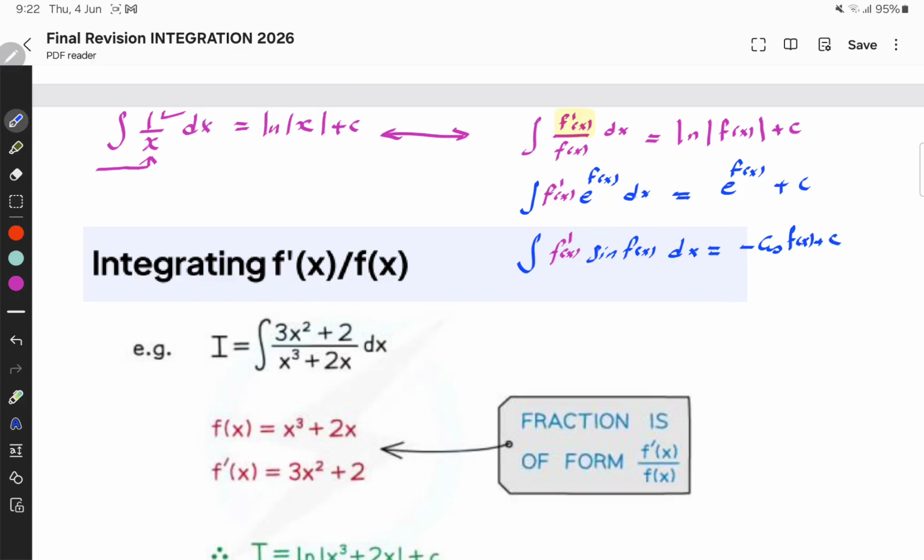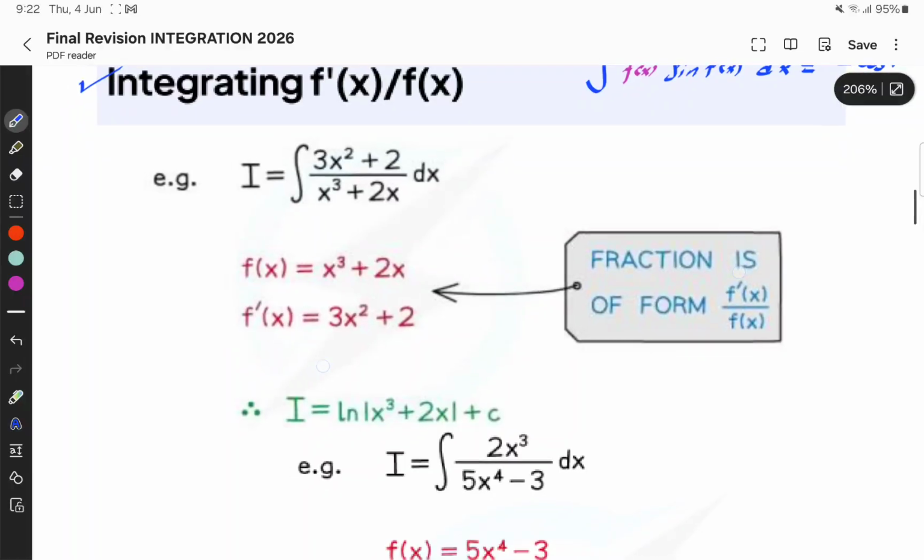So we're stating all the rules. Also for cosine, recognizing means the function is not standard. The only rule given in the final exam is f prime over f, but all of them are stated.